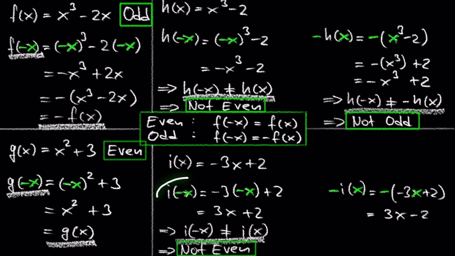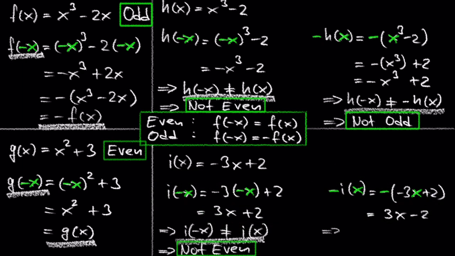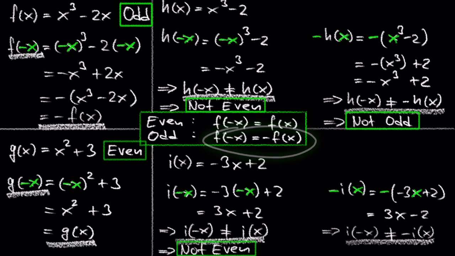We see i of negative x is not equal to the negative of i of x. So this function is not odd either. Hence, this function is neither even nor odd.